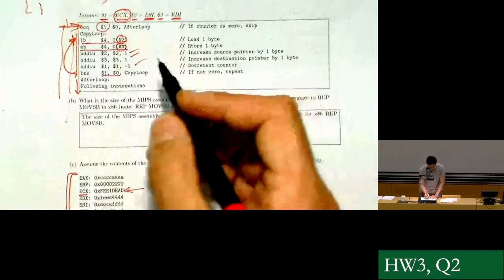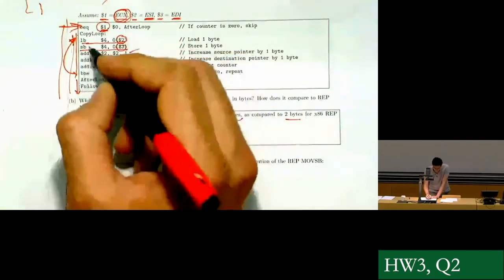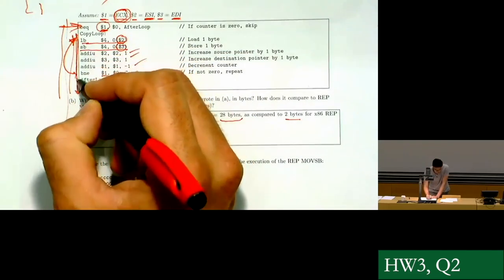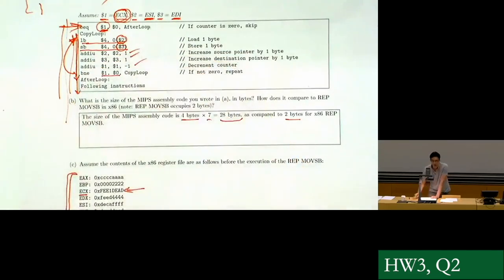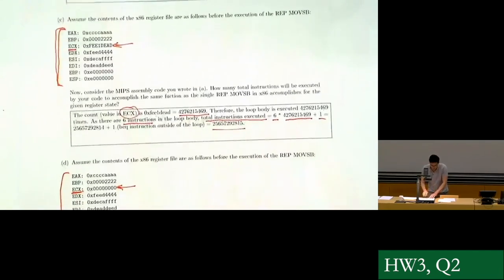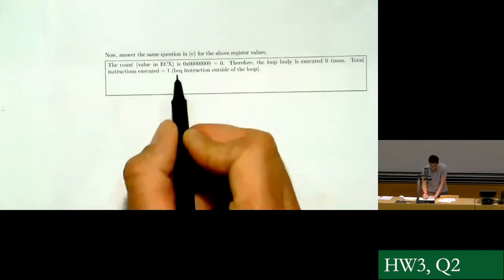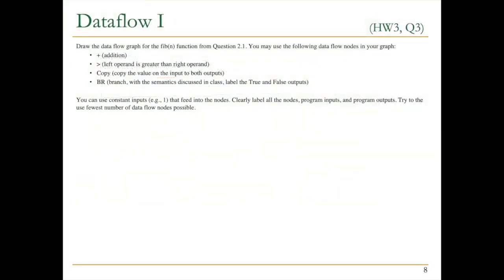This register 1 is 0, so we don't execute the loop body a single time. So the total number of instructions executed with these register file contents is only 1. It's only the first BEQ instruction that you have in the code. Is that clear? Okay.